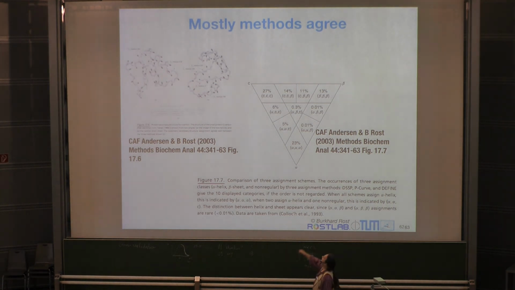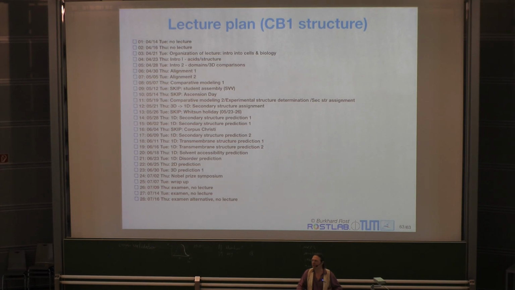All 3 methods say either it is alpha, 23, beta, 13, 23 plus 13 is 36, plus 27. So there you have the majority of the assignments where 3 methods agree. Today, most people use DSSP, which essentially uses the Pauling idea. And it's one of those methods that has been around since '83 and is essentially used every day.